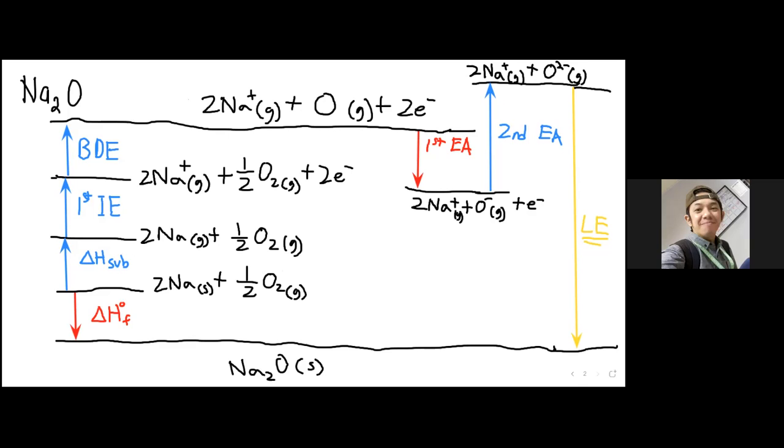Okay, so let's start with the delta H naught formation equals. Good. And then just continue doing it for the rest of the other variables.